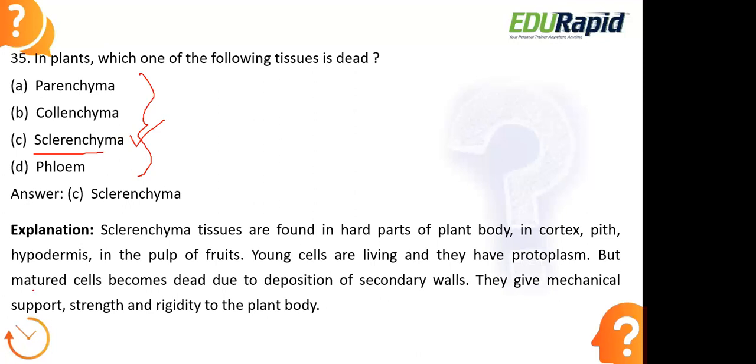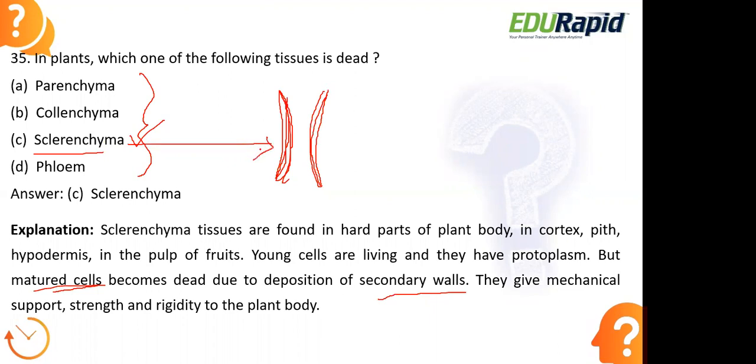Even when we look at mature cells, there will be formation of secondary walls, right? If there is a tree here, and there is formation of secondary walls, we can see the dried part, right? The outer part of this tree will be dried because of the presence of this dead tissue called sclerenchyma.